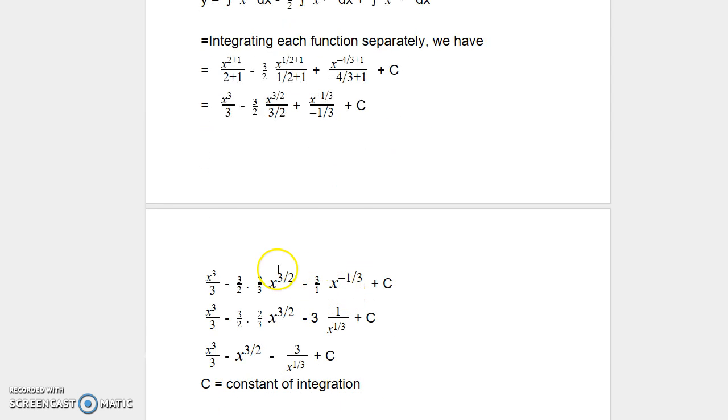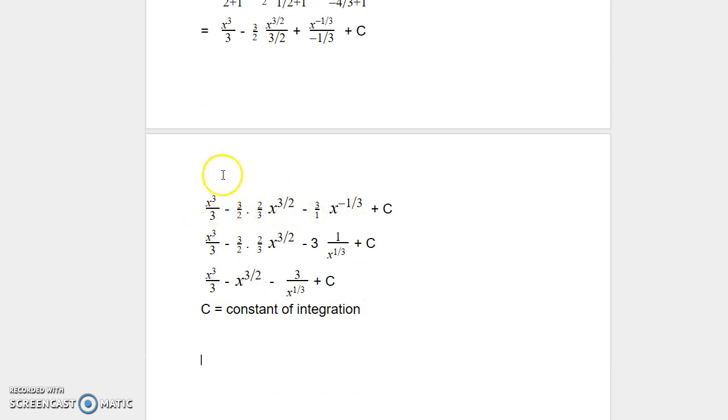So when we simplify that some more, it looks like this. X to the power of 3 divided by 3 minus 3 over 2, and then we have 3 over 2 in the denominator. When we bring it to the side of the equation, the fraction is going to flip, and we can write it as 2 over 3, x to the power of 3 over 2, the remainder there, minus, in the denominator, we have negative 1 over 3, and we have a positive sign here.